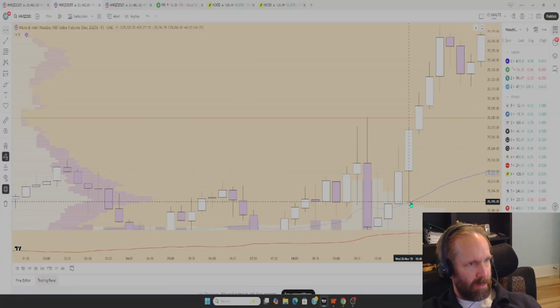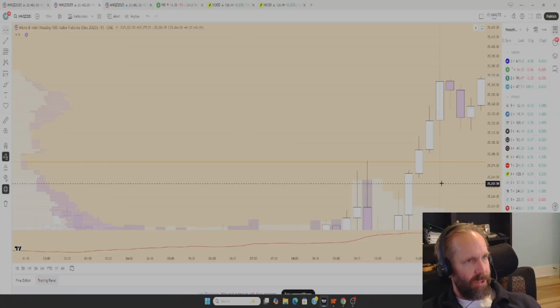The wick was on the bottom. That means there was a lot of buying. Price opened there, went all the way down where it tested that VWAP, which is a key level, and it closed all the way at the top. Very strong sense of urgency, a lot of buying, and you see there was follow through.